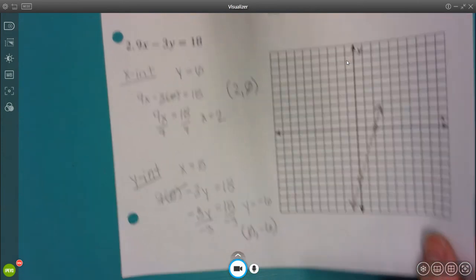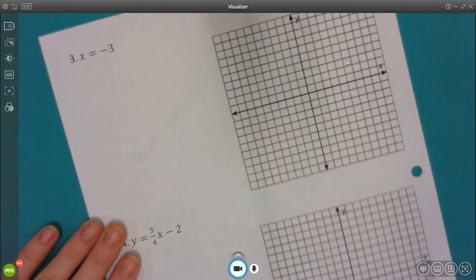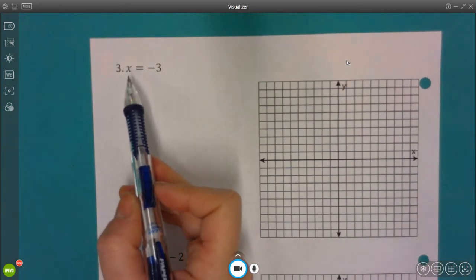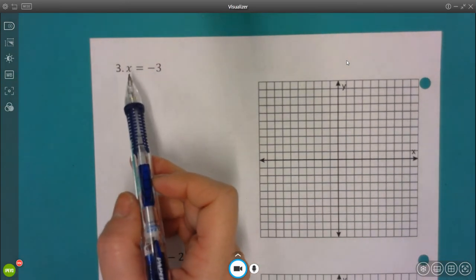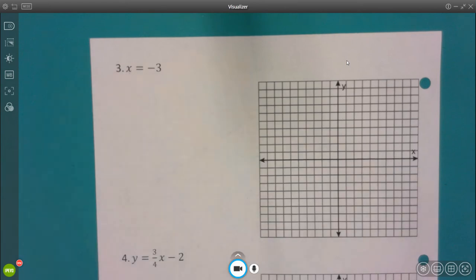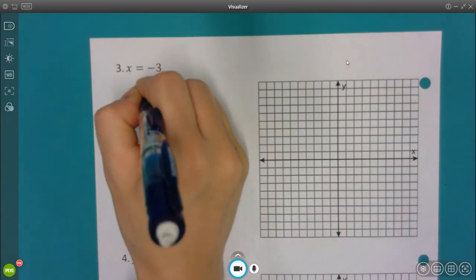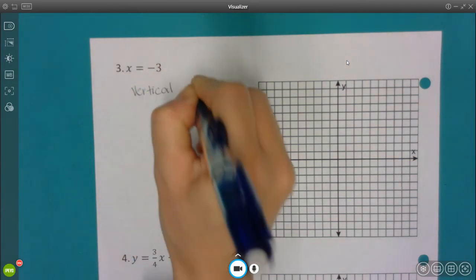All right, flipping this over. Now this is sort of similar to that other example we had where y was equal to -3. However, this time it's x being equal to -3. So this is actually going to be a vertical line.